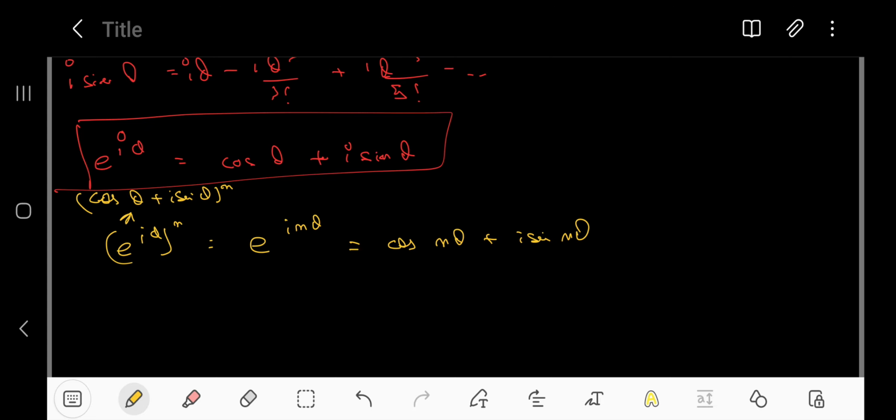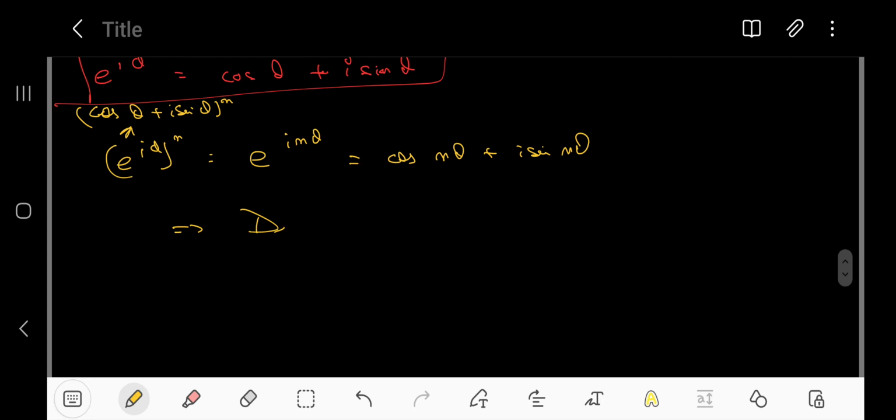Right? So that means de Moivre's theorem holds for all n's. Clear?